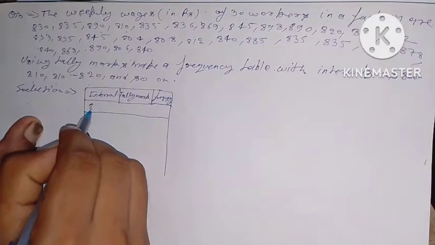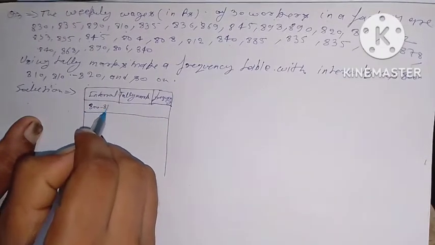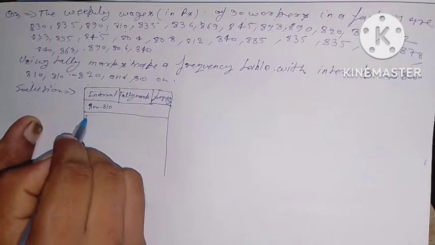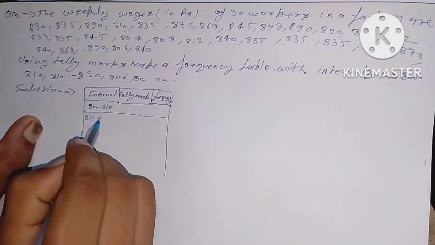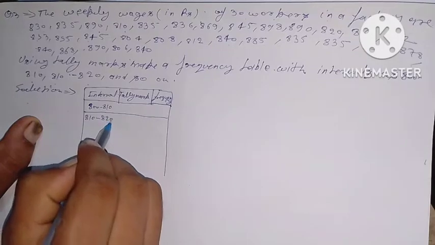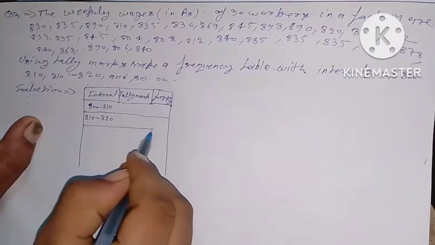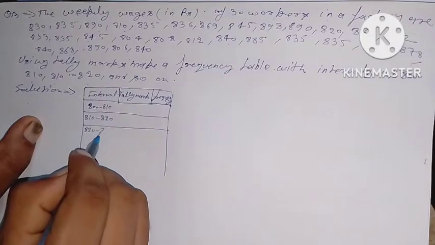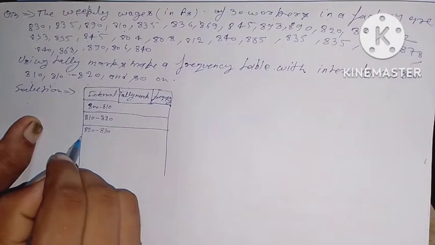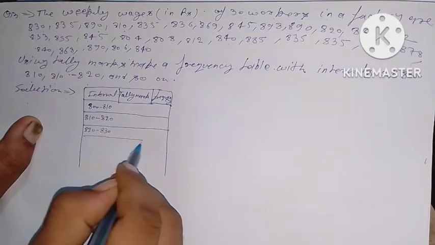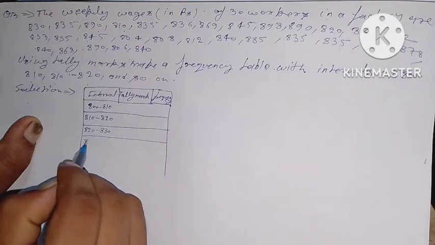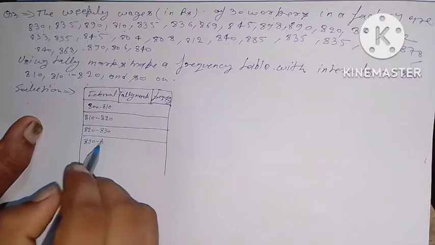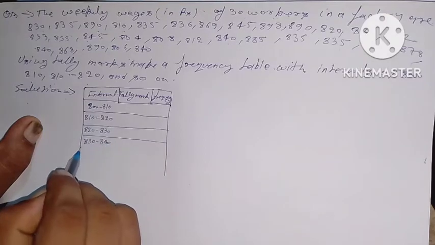First is 800 to 810. Second is 810 to 820. Third is 820 to 830. And fourth is 830 to 840.